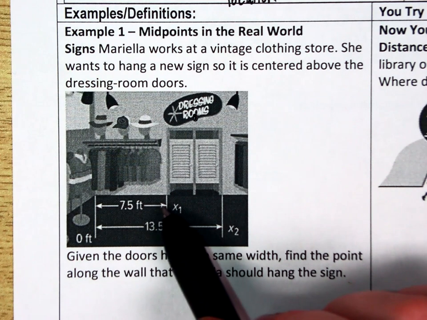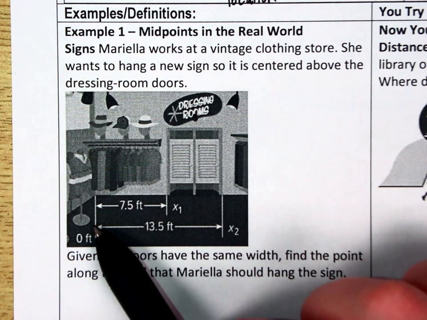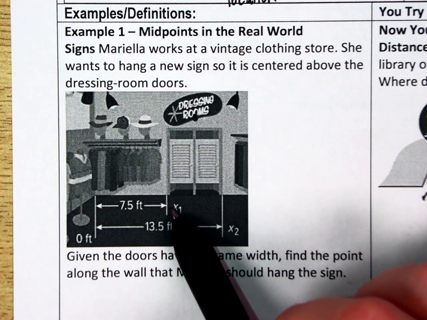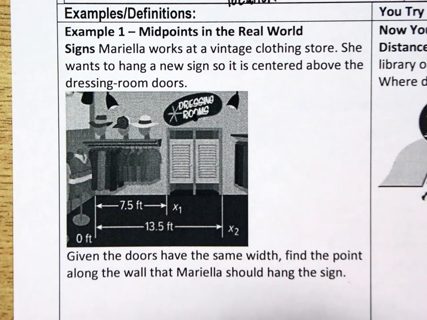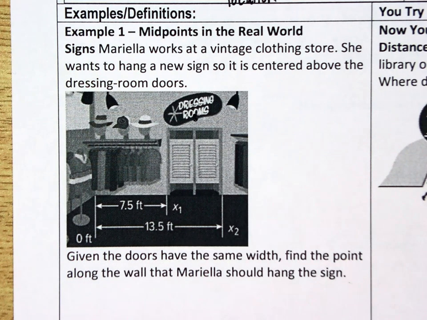Well, while these are distances of 7.5 feet and 13.5 feet, because we are measuring from 0, x1 also happens to be the location 7.5, and x2 also happens to be the location of 13.5.